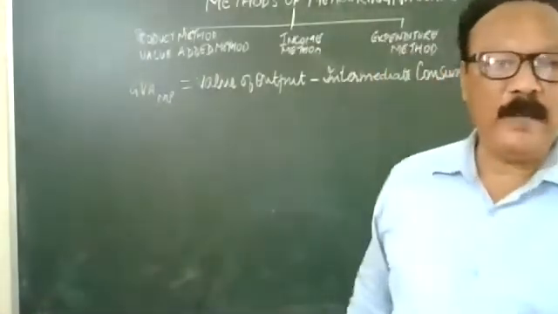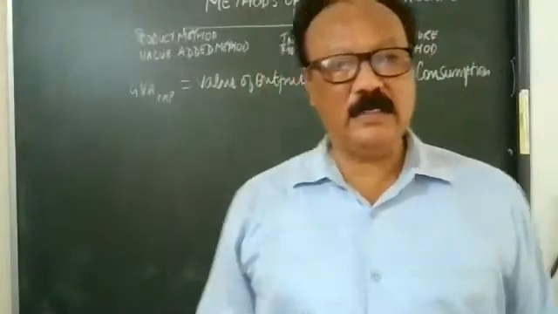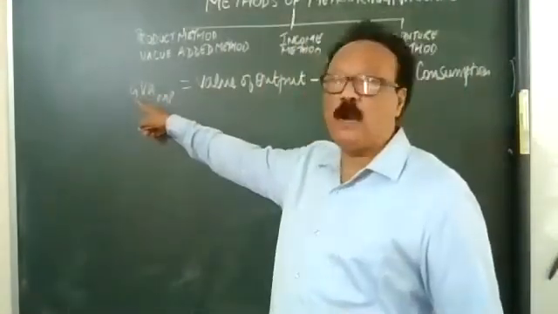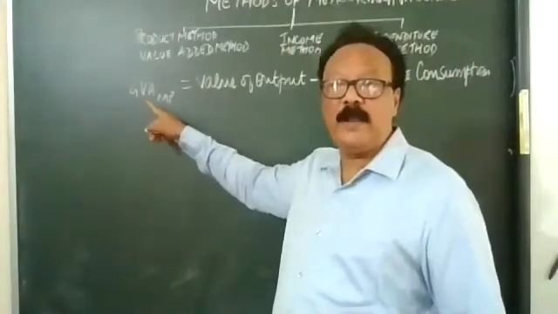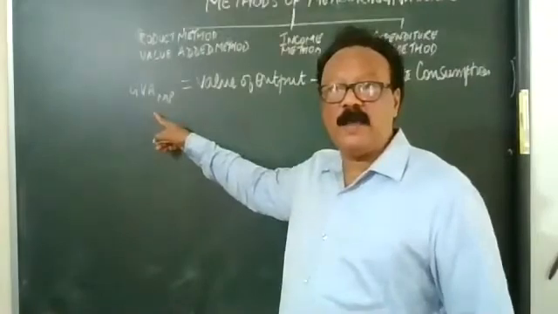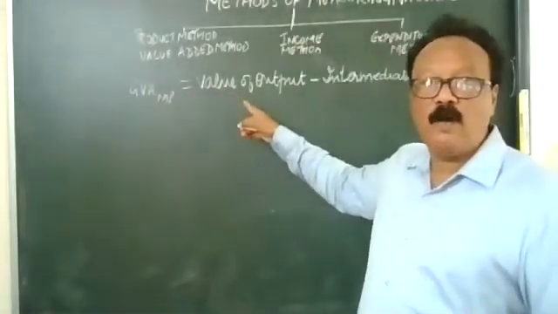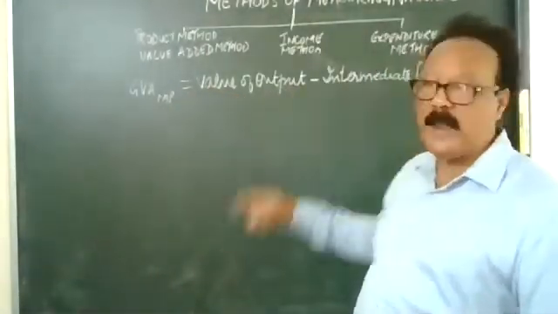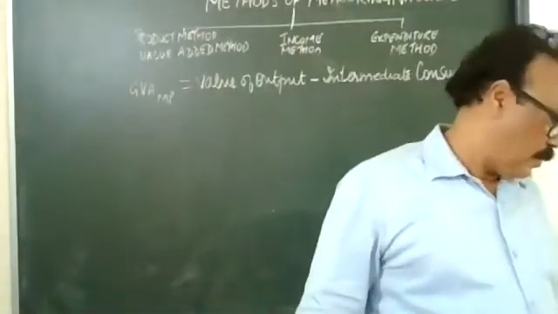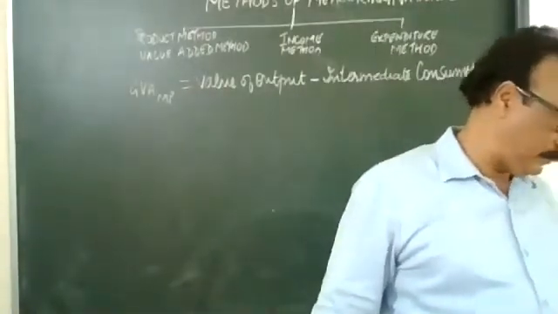After identifying the sectors, we sum them up together and we will calculate what we call gross value added at market price. How is gross value added at market price calculated? By this formula: value of output minus intermediate cost or intermediate consumption.